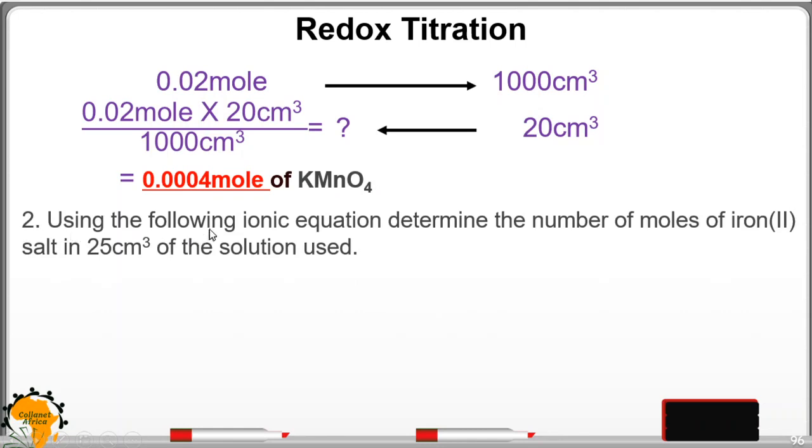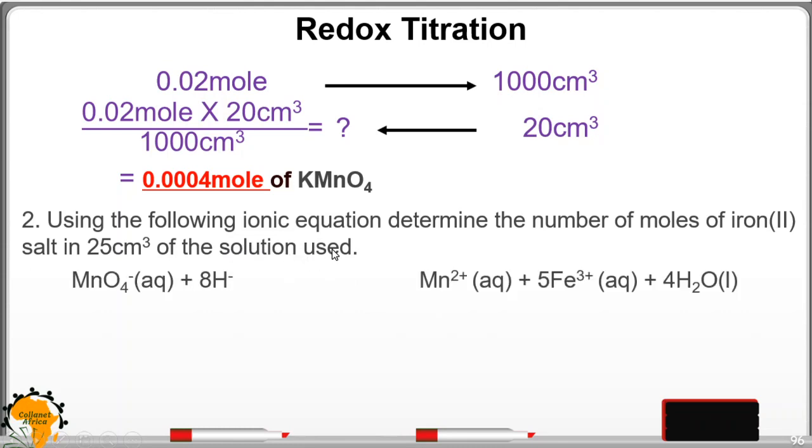2. Using the following ionic equation, determine the number of moles of iron(II) salt in 25 cm³ of the solution used. So we have been given the ionic equation. It means here we have 1 mole, here 8 moles, here 1 mole, 5 moles, and here 4 moles. So that is the reacting ratios. The question is about the number of moles of iron. So where do we find iron in this ionic equation?